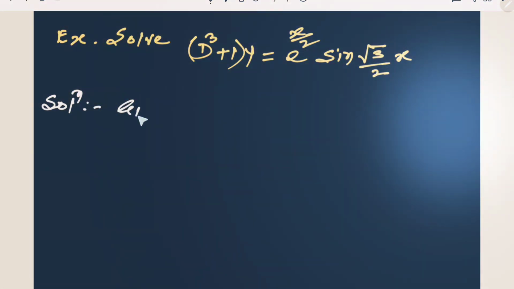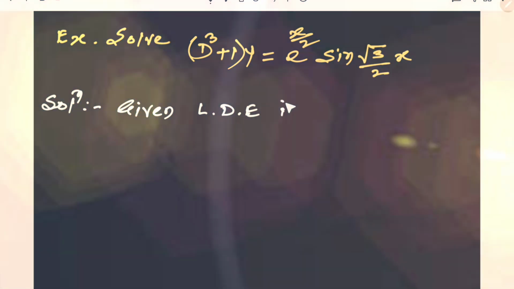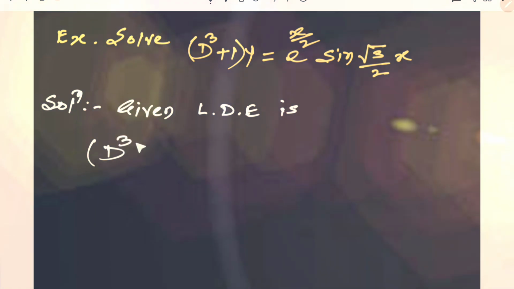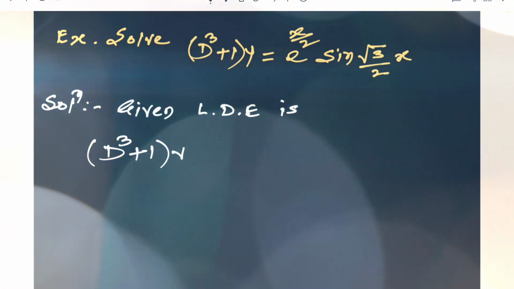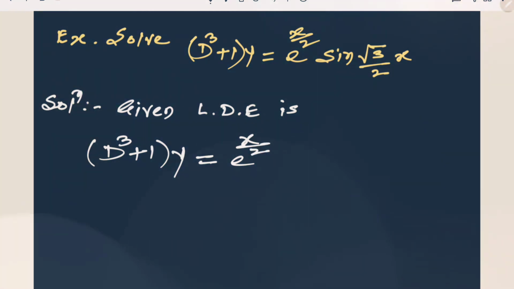The given differential equation we call equation number 1, and that equation is (D cube plus 1) y is equal to e raised to x by 2 multiplied by sine of square root of 3 divided by 2 into x.